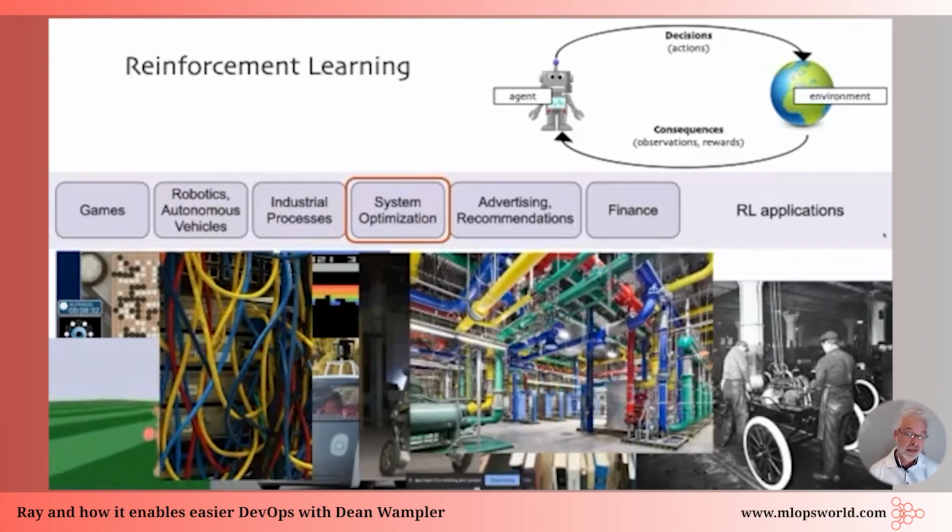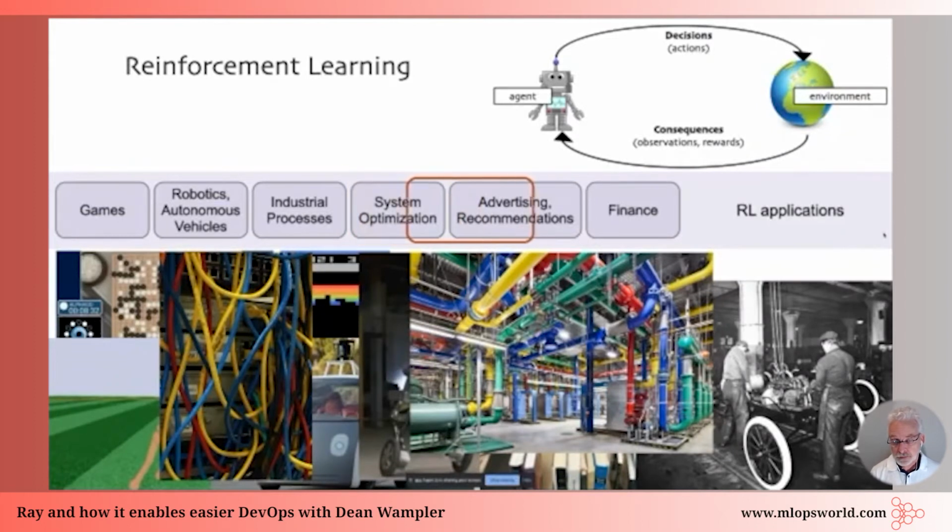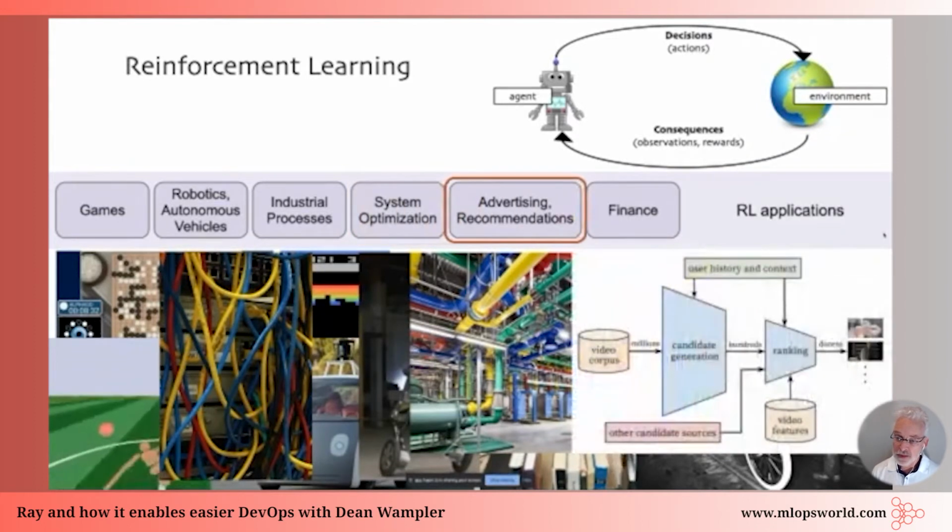Optimizing things like heating and cooling systems, power, network topologies, network communications. There are some well-known examples of using it to improve advertising and recommendations, like at YouTube and Netflix. In fact, I think this diagram is from a Netflix paper, if I recall correctly.